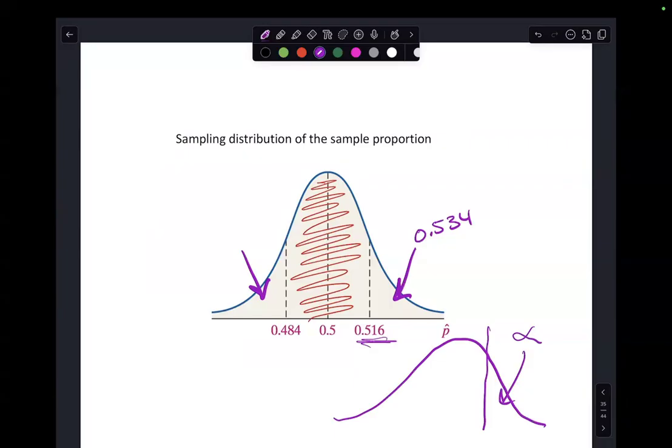But these are alpha divided by 2 because this is a two-tailed test. If it's a two-tailed test, we have to divide that alpha by 2. But if it's a one-tailed test, either right or left, we don't divide the alpha by 2 because we only care about the top half here. I'll get into it more as we're actually doing the math, but that was a really good question. Thank you. Okay.